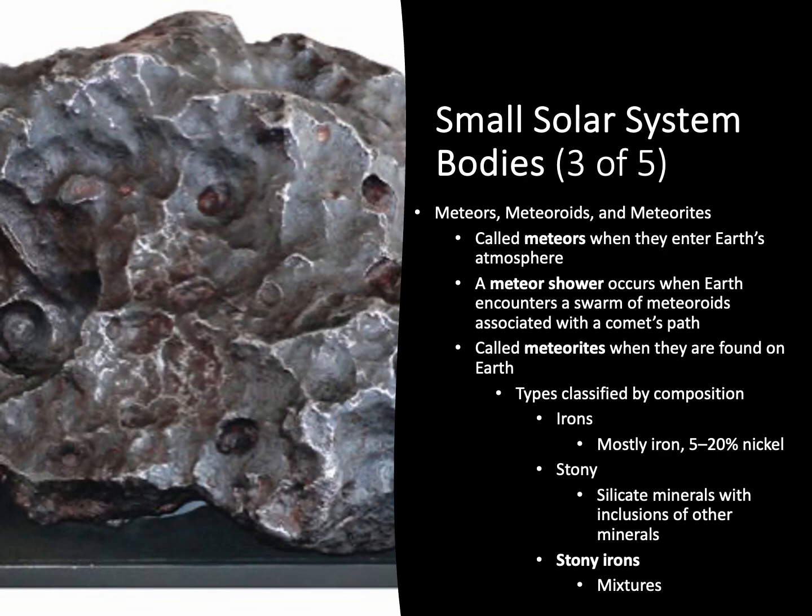But we also have meteors, meteoroids, and meteorites as well. And here the main difference is where they are. If these small solar system bodies are only in our atmosphere, we call them meteors. And if we're seeing a lot of meteors falling through our atmosphere at the same time, this is called a meteor shower.